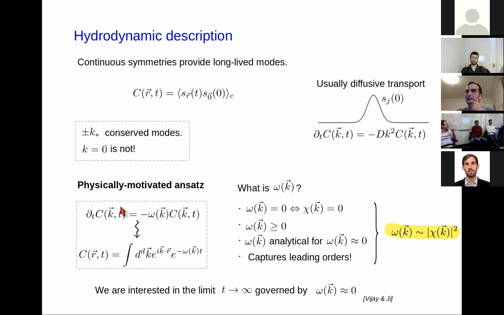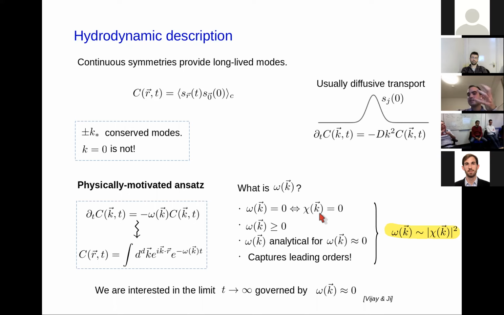First of all, this function chi of k that appeared before tells us what the conserved modes are. So we want that whenever that function vanishes, this omega of k also vanishes. Secondly, we want omega of k to be non-negative because we want physically meaningful solutions. Finally, we would like to predict the long time behavior, and this is mostly a mathematical requirement: we would like to be able to do expansions around the set of zeros.